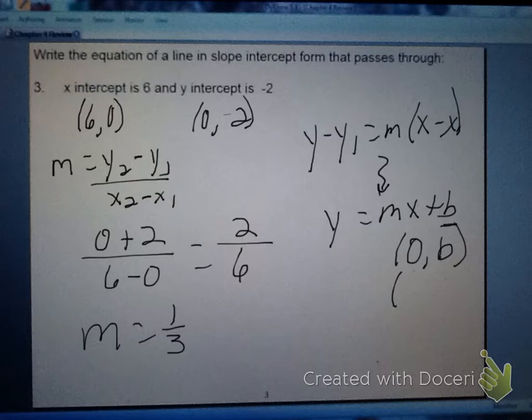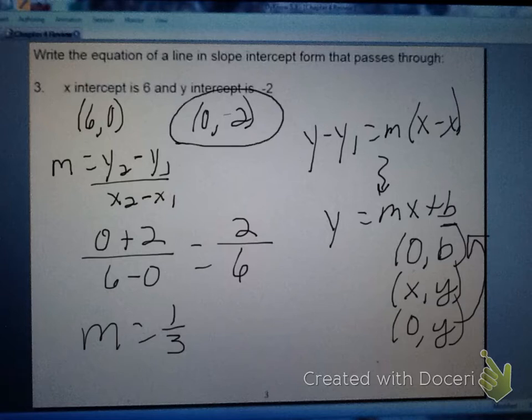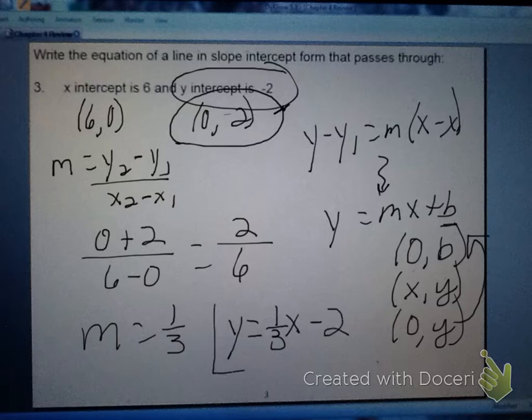So if you ever have an ordered pair where x is 0, that y is also your b. Is that given to us? Yes, it is, right here. Or the fact that it spells out y-intercept is negative 2. So that is your b. So all we have to do is plug in my slope, and my y-intercept is negative 2. And there's the equation of the line.